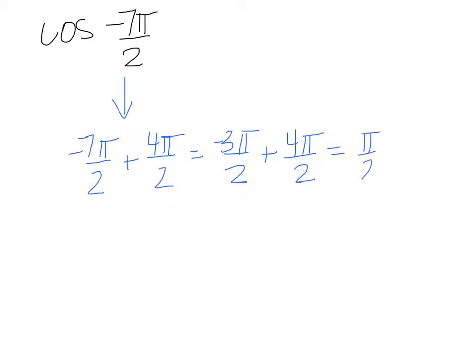Pi over 2. Is that workable? Yes. So the cosine of negative 7 pi over 2 is equal to the cosine of pi over 2. What was the cosine of pi over 2? 0.